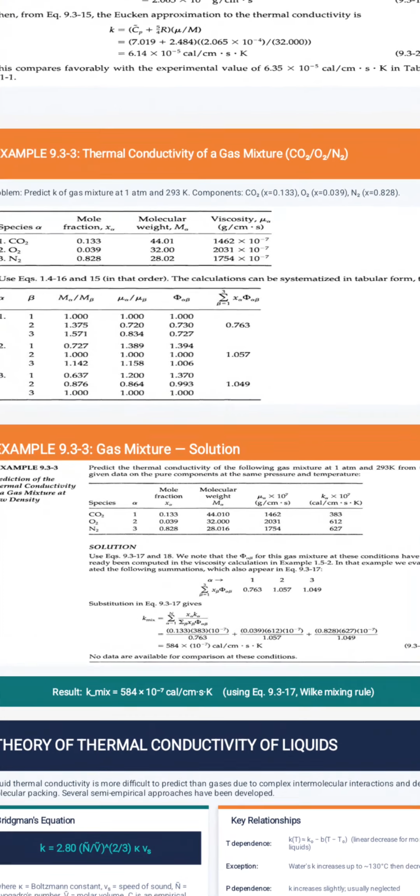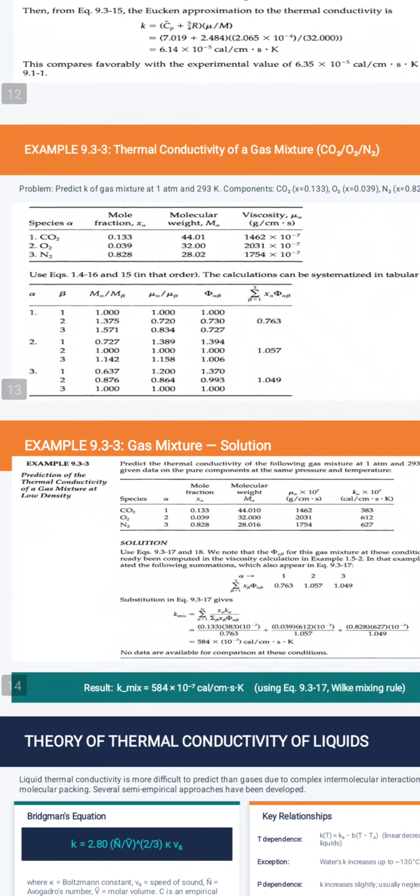Now we calculate the parameters which are required according to the table. So we calculate m alpha by m beta, mu alpha by mu beta, and phi alpha beta, and then we sum it over beta from 1 to 3 of x beta phi alpha beta.